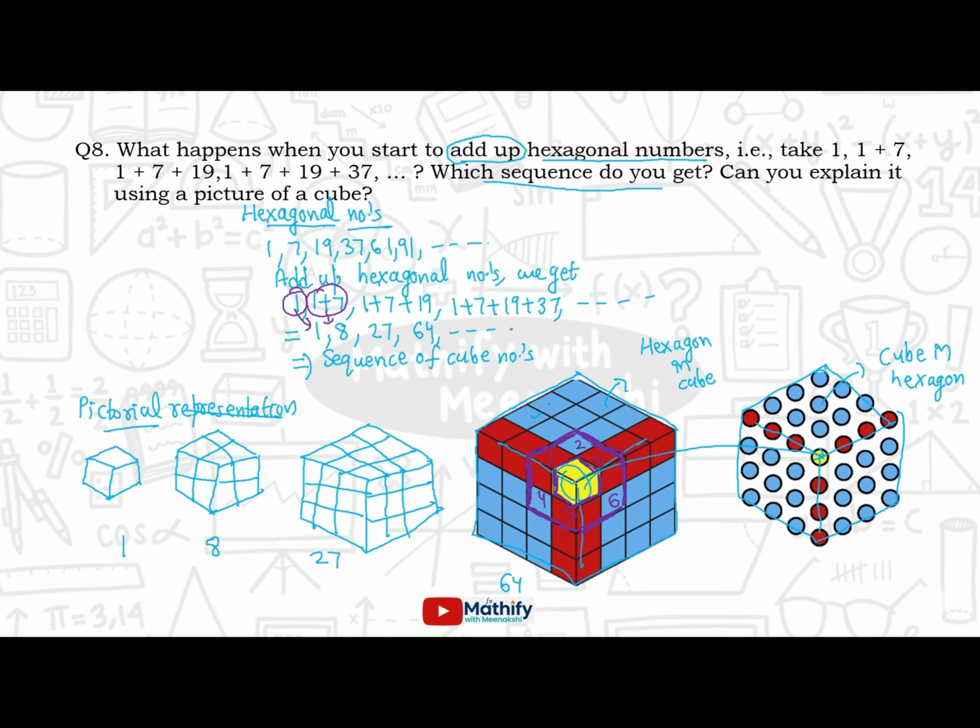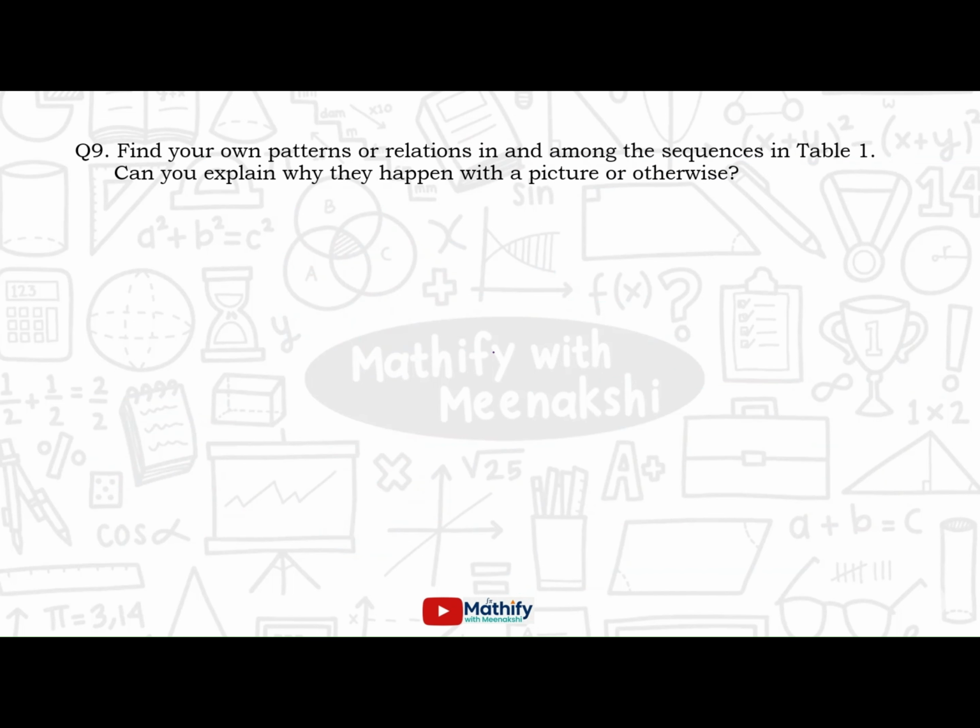So if you add this 1 plus 7, what will you get? You will get 8, because this is also a perfect cube. And similarly for this, that is 27, and the full one will give you 64. Now let's move to the last question.